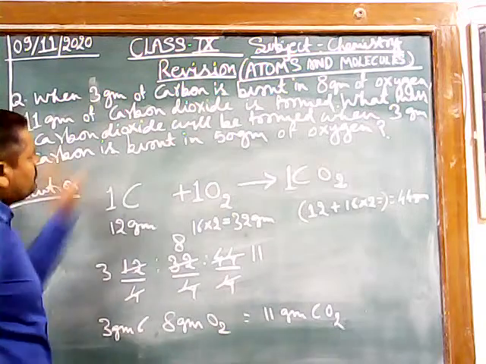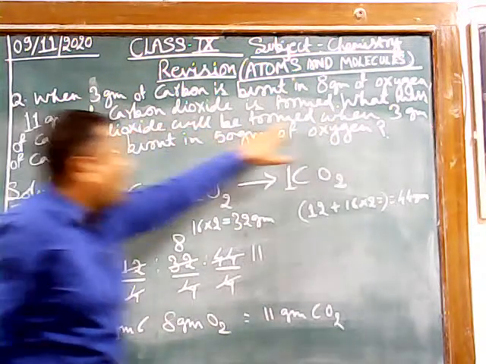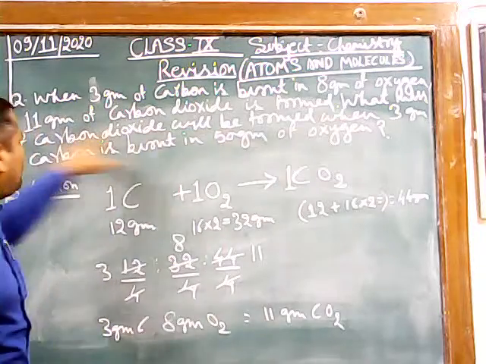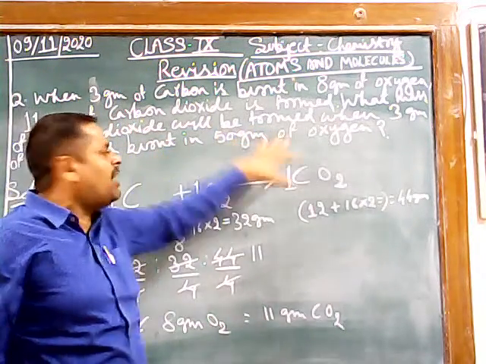Now, what mass of carbon dioxide will be formed when 3 grams of carbon is bonded with 50 grams of oxygen?